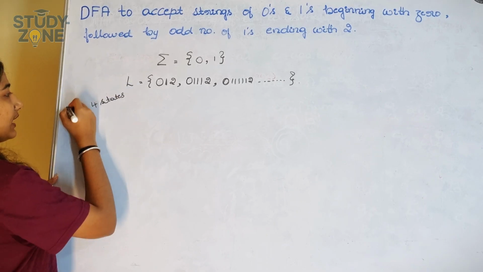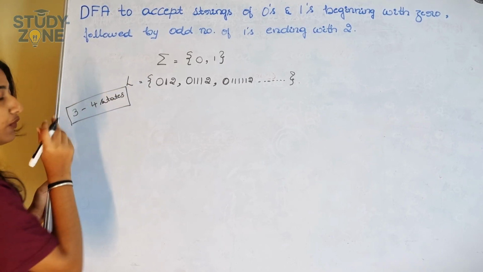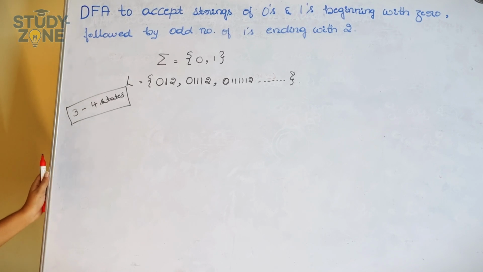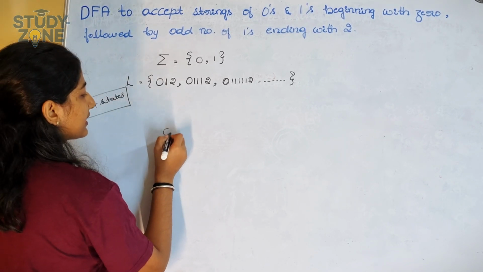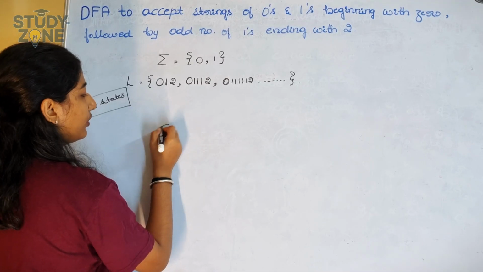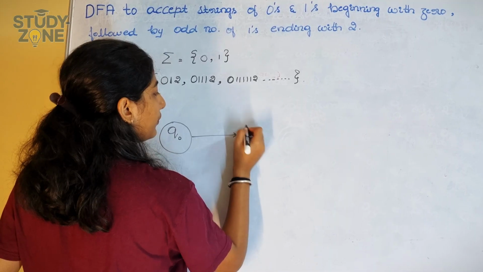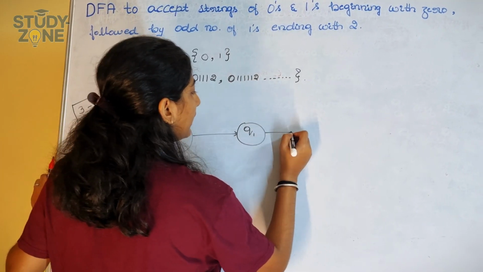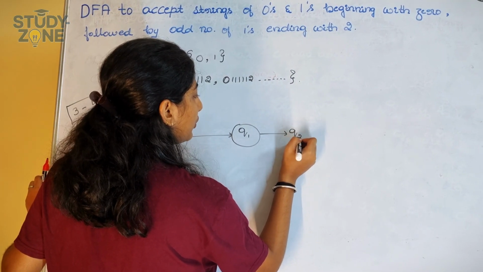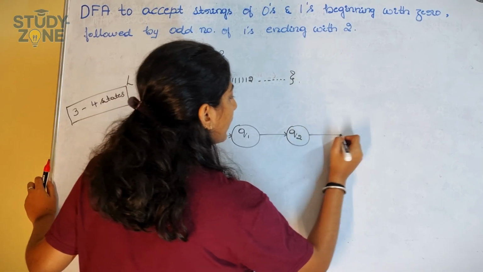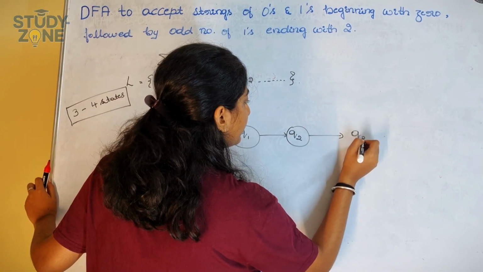And here there is one more state, I will explain it later. So here at first write the states Q0, Q1, Q2, Q3.